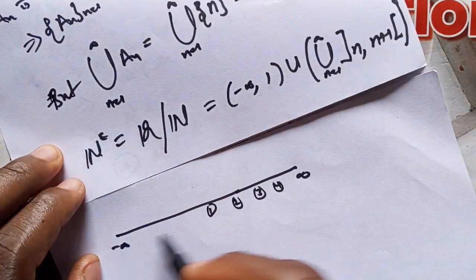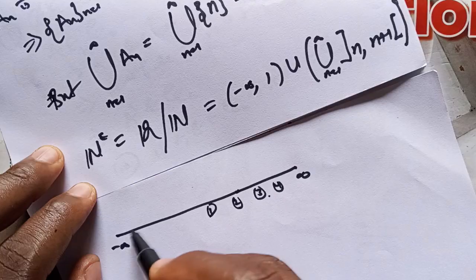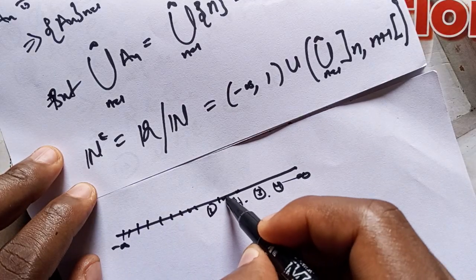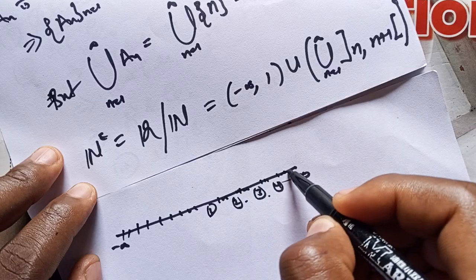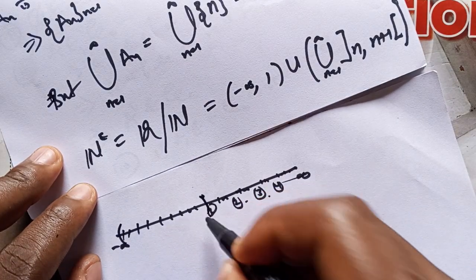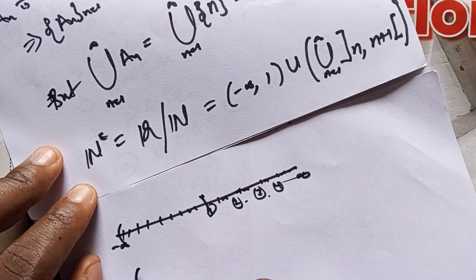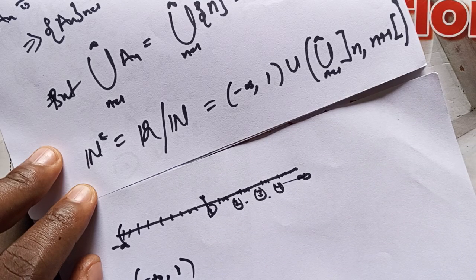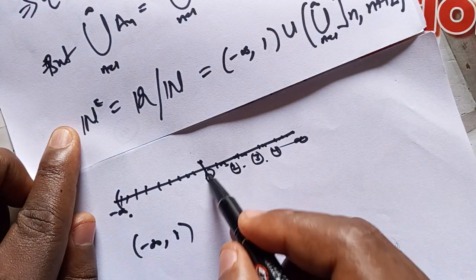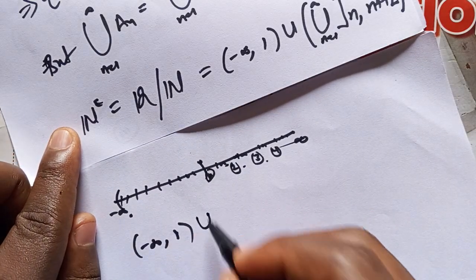So the real line without these values is all the shaded parts, and so on. From here to here is minus infinity to 1, union.